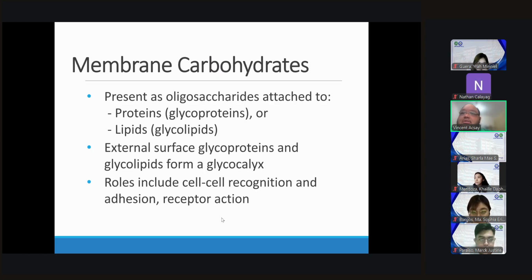You will typically see your carbohydrates on the external surfaces, where the glycoproteins and the glycolipids form what we call a glycocalyx. The role of the carbohydrates then is more on cell-to-cell recognition and adhesion, and occasionally with receptor action.